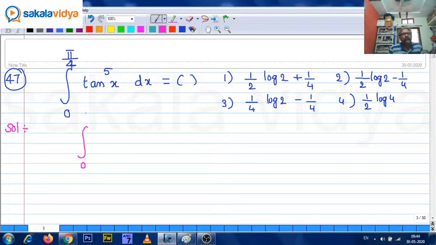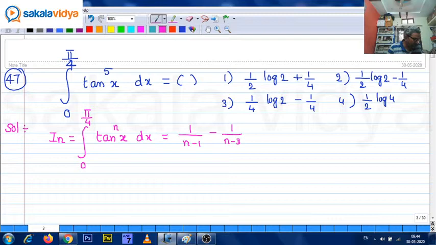Integral 0 to pi by 4 tan x to the power of n dx equals 1 by n minus 1, then alternate sign change, minus 1 by n minus 3, then plus 1 by n minus 5, and so on, up to I naught or I1, according to whether n is even or odd.